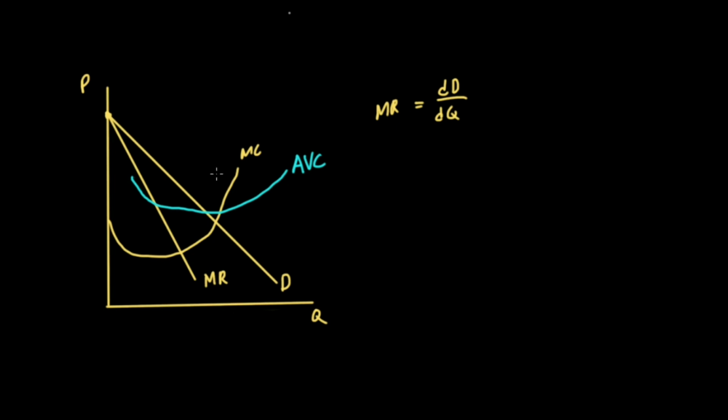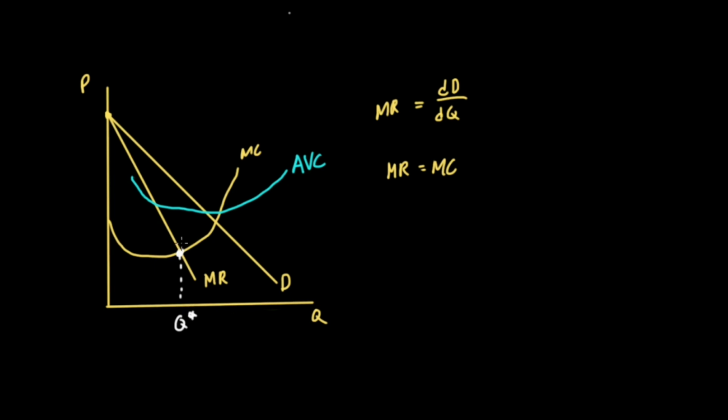Okay, so to answer this, we have to see what quantity the firm would produce first. And we know from the previous discussion that the profit maximizing quantity of the firm requires MR equals MC. And where is MR equal to MC? It's at this point. And so the firm would choose a quantity of, let's say, Q star here.